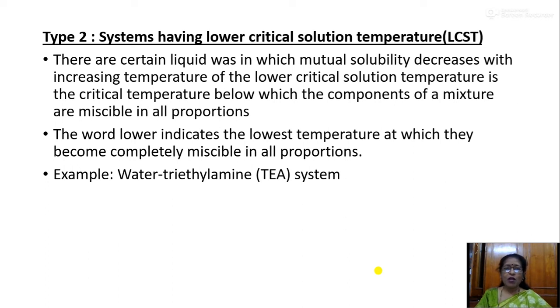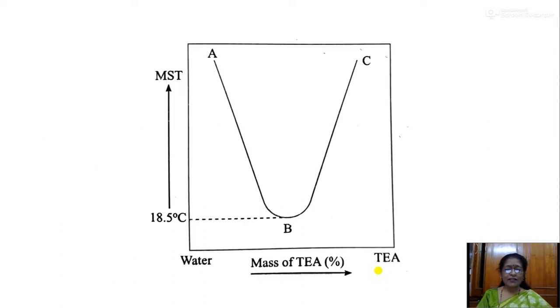For example, the water and triethylamine (TEA) system. See in this graph, it has a lower CST, LCST. Here along the y-axis is the mutual solubility temperature. You can see that A, B, C has a lower parabola.